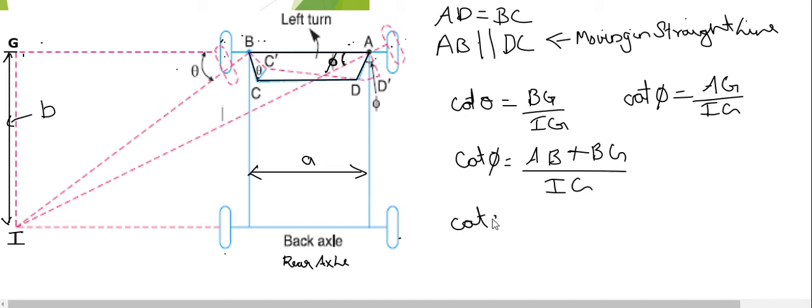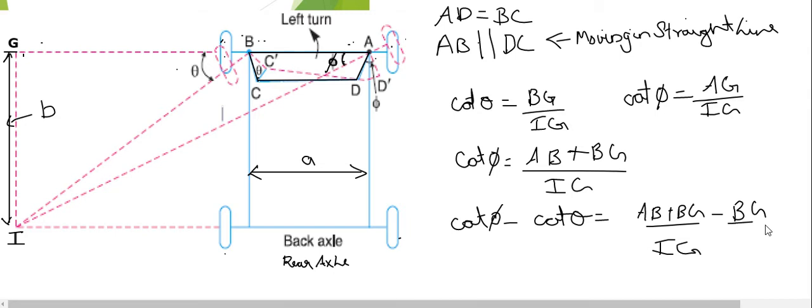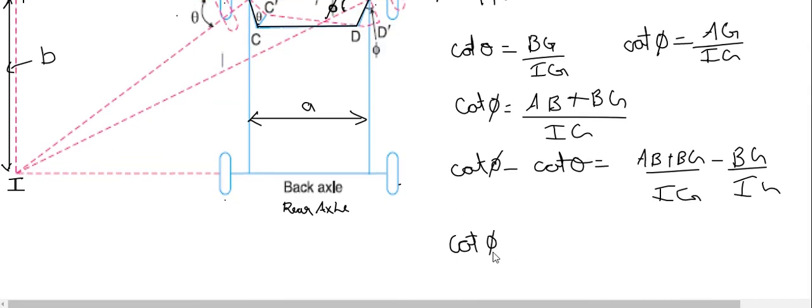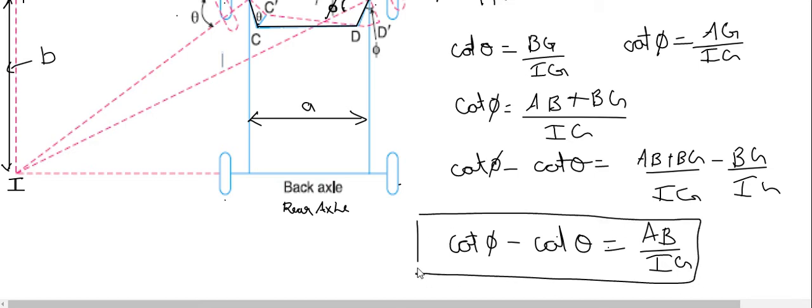We can take cot phi minus cot theta, that is equal to AB plus BG over IG minus BG over IG. That will be equal to cot phi minus cot theta is equal to AB over IG. This is the equation, or condition, for the Ackermann steering gear mechanism.